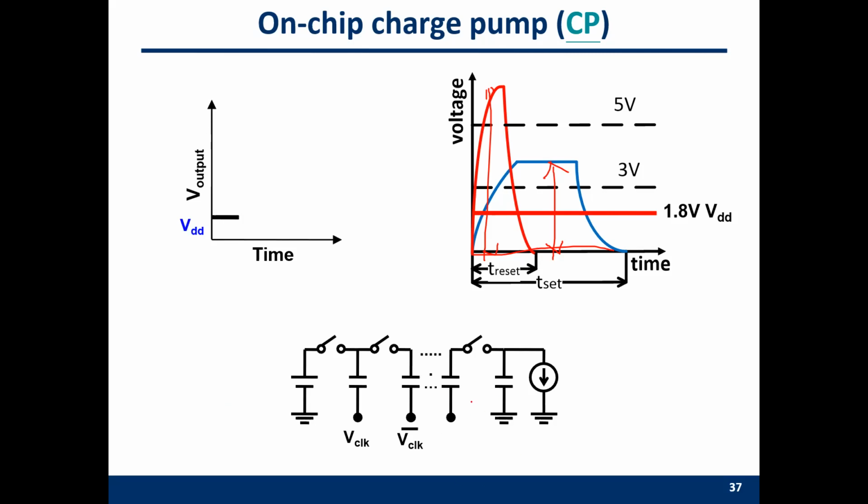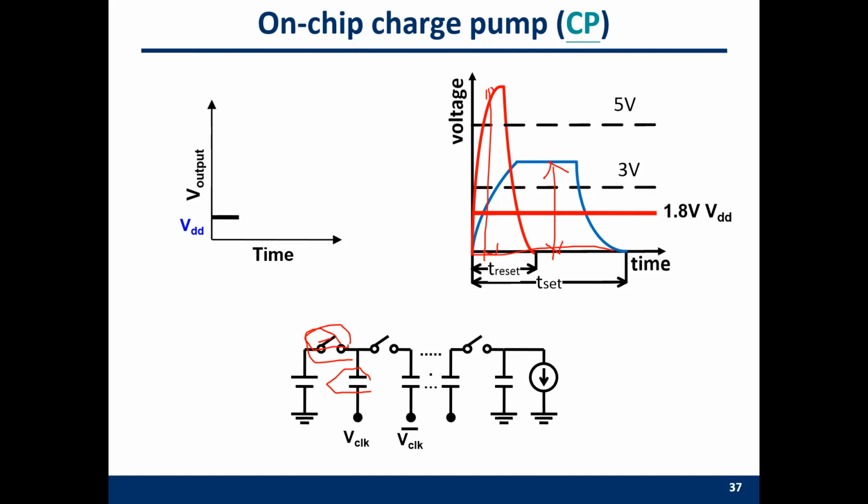The structure of the charge pump is very simple. You just have a capacitor and a transistor. The charge pump has multiple stages. Each stage is very simple. You have a transistor and a capacitor. It's even similar to the DRAM. By switching these transistors on and off, you can pump the voltage up.